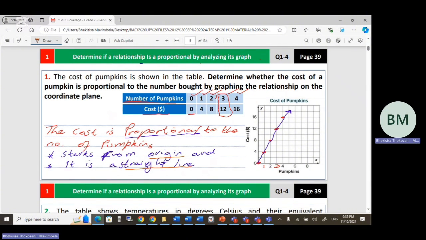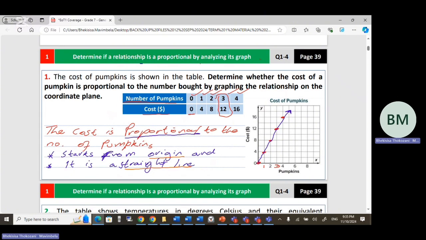Even if you just say it's proportional, the reason is it starts from the origin and it's a straight line, and then you're done. Okay, let's look at the next question.